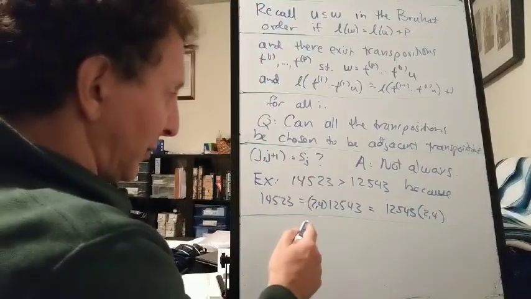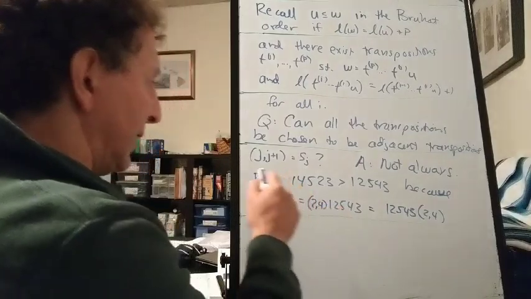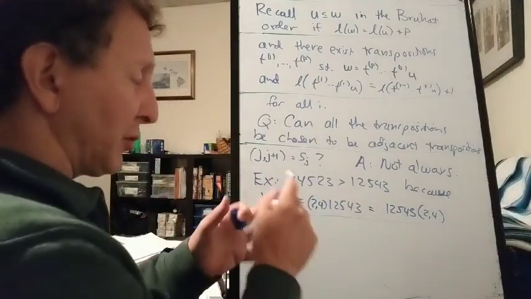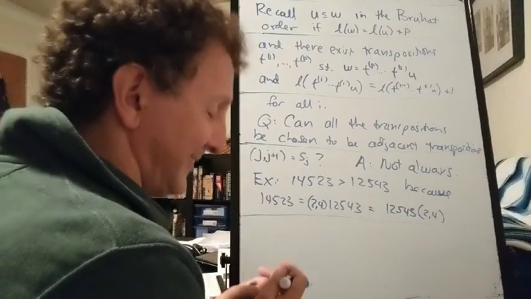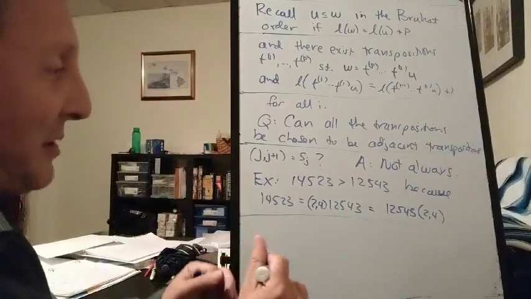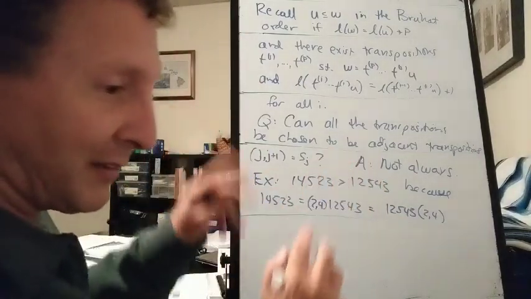So it takes one transposition to get from 1, 2, 5, 4, 3 to 1, 4, 5, 2, 3, whether you multiply on the left or the right. I didn't mean to make this example have those numbers come out exactly the same, but that's the way I wrote it.